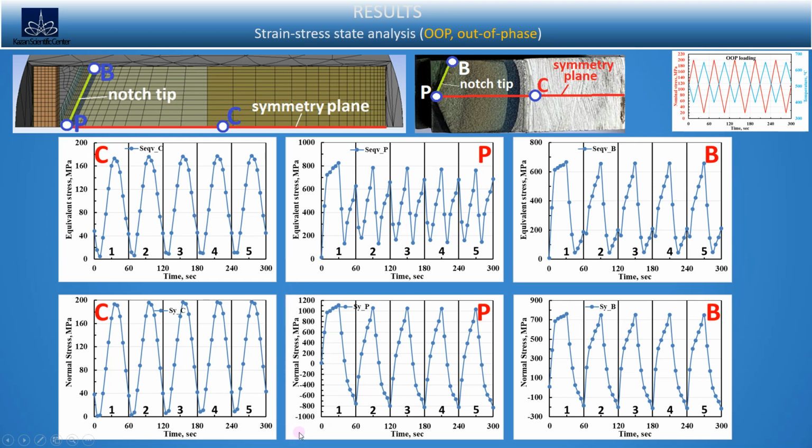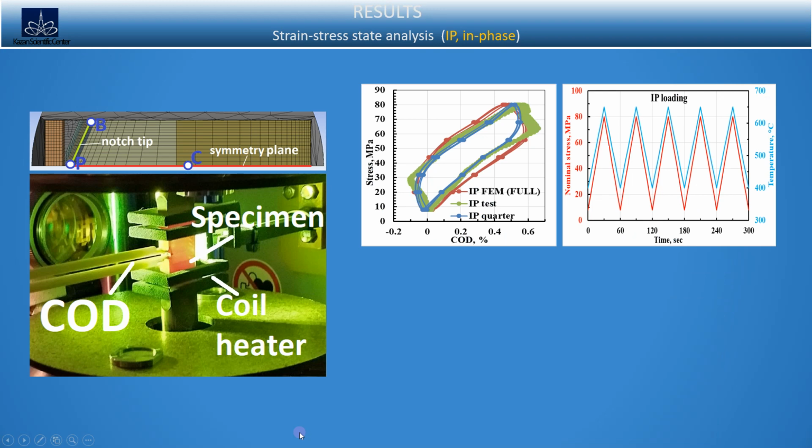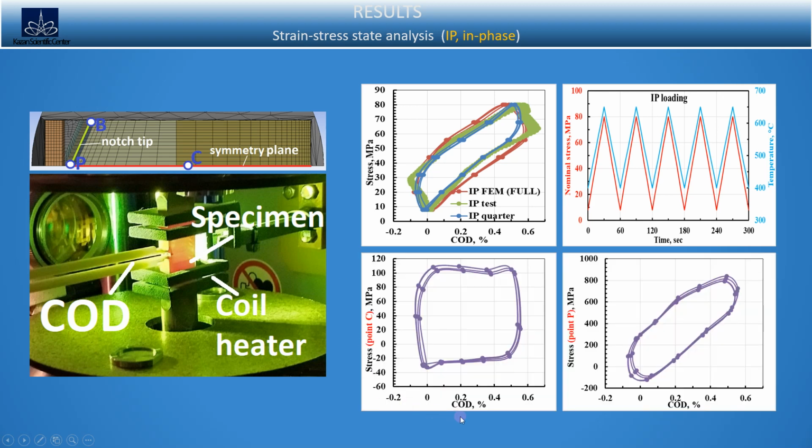Experimentally measured notch opening displacement loops are compared with calculated ones. The nominal normal stress is positioned along the vertical axis in the top picture. In the figures below, the same displacement is located on the horizontal axis, but the calculated stress at points P and C in the specimen cross-section is located on the vertical axis.